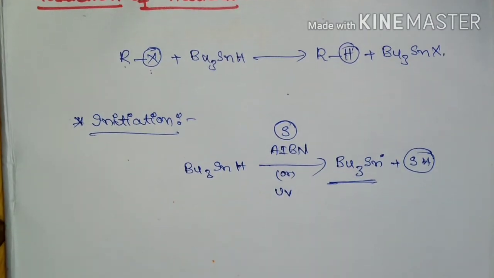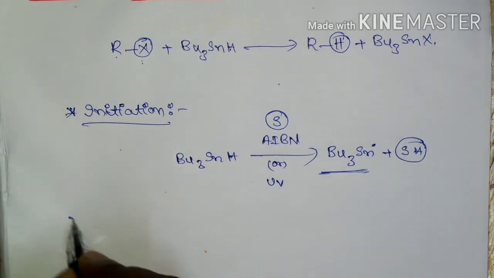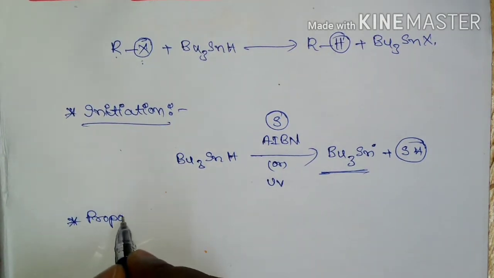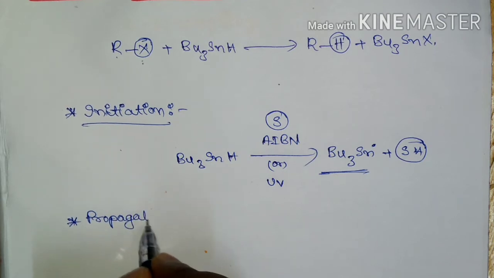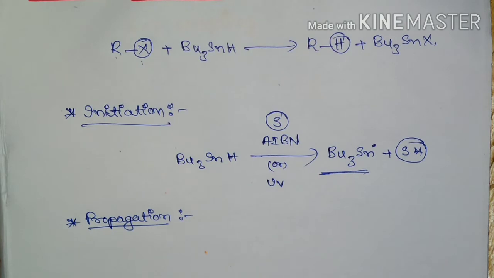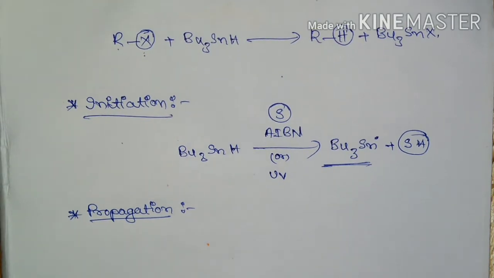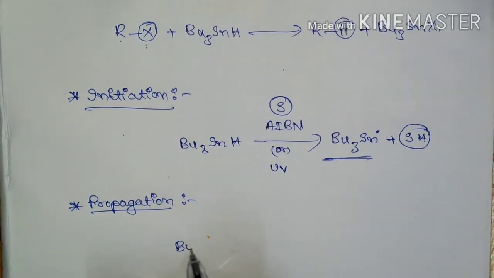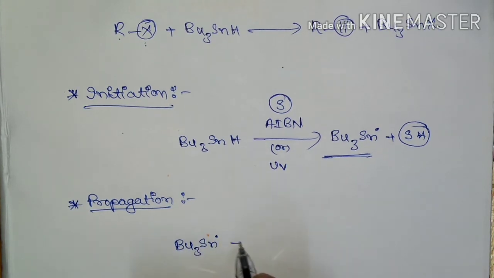And this tributyl tin free radical leads to the next step, that is propagation. In the propagation step, this tributyl tin free radical reacts with halides.